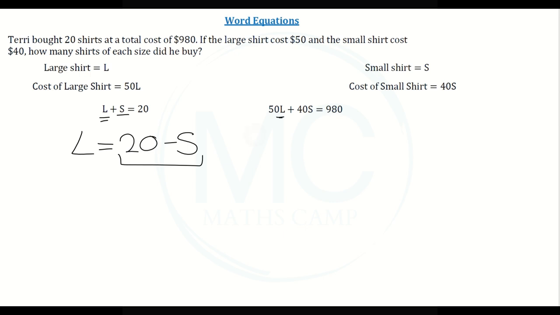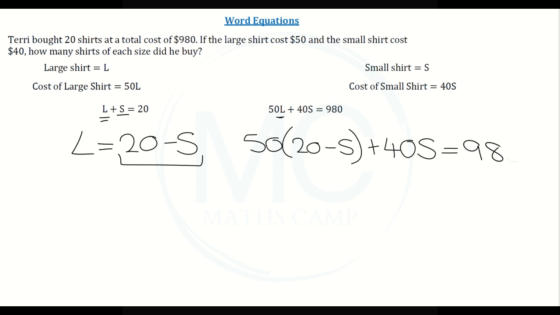So I can say 50 multiplied by, instead of L, I'm going to use 20 minus S, plus 40S is equal to 980.